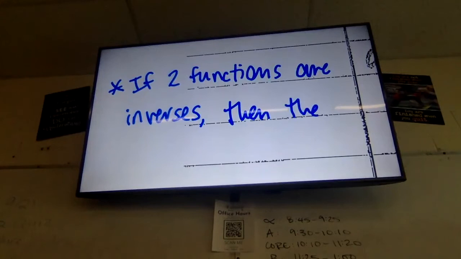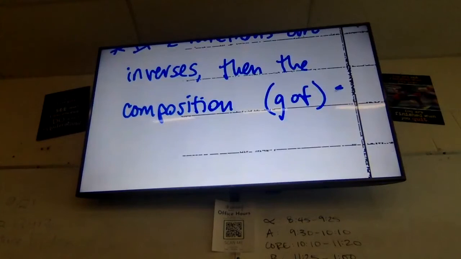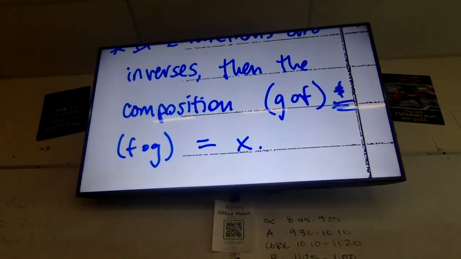So then the composition, and we're going to look at several compositions, or I guess 2 of them. We're going to look at g of f, and I'm going to look at f of g, and they should equal x. So when you put one function inside of the other function, I should get x out as my answer when I simplify it all the way down.